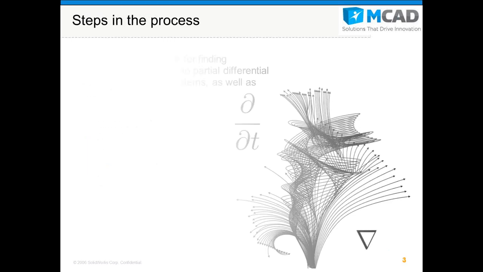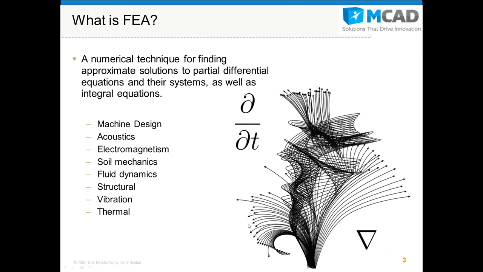Now we're going to talk about a few of those today. Mainly we're going to talk about structural, vibration, and some fatigue, just to get you a brief rundown of exactly the kinds of things that you can do with simulation.